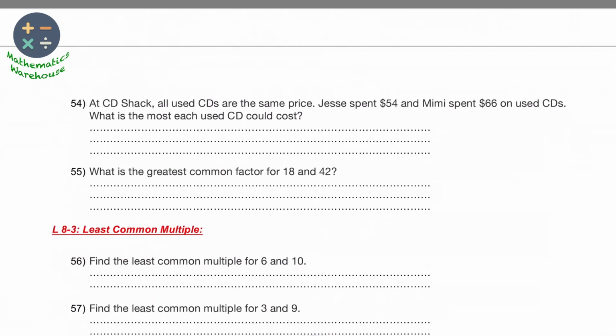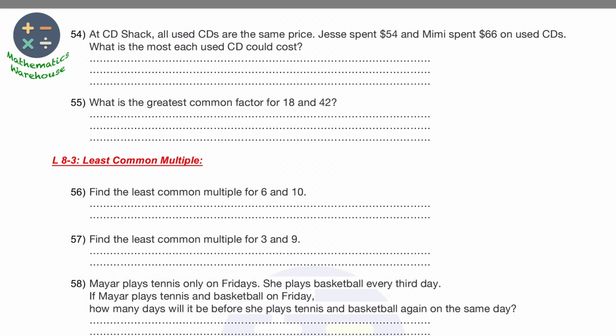Next question. All used CDs are the same price. JC spent $54 and Mimi spent $66 on used CDs. What is the most each used CD could cost? Here he wants me to calculate GCF between 54 and 66.